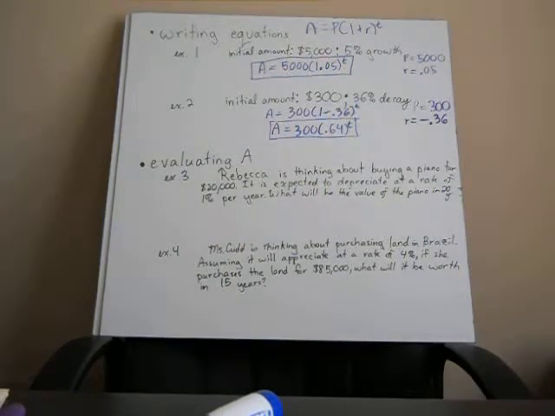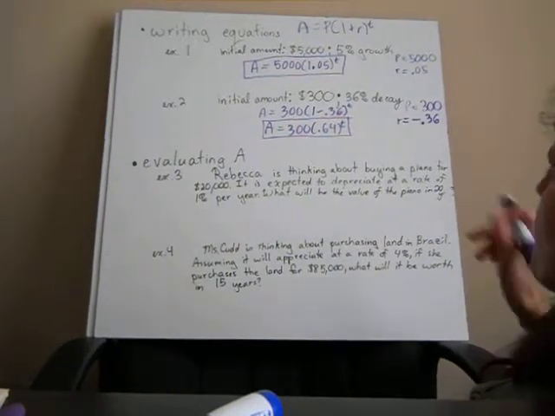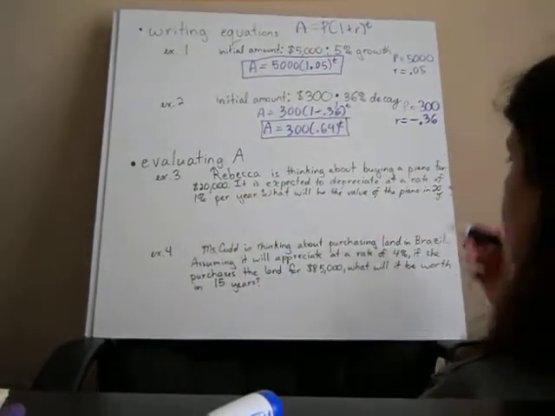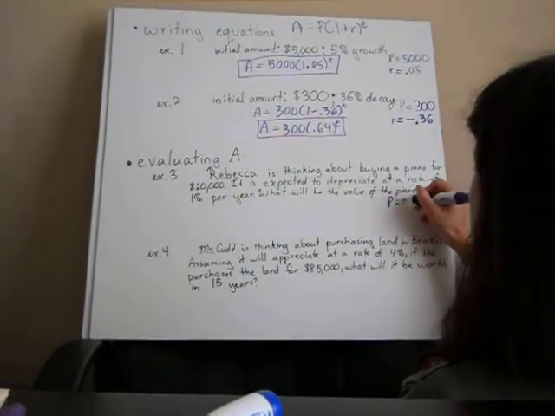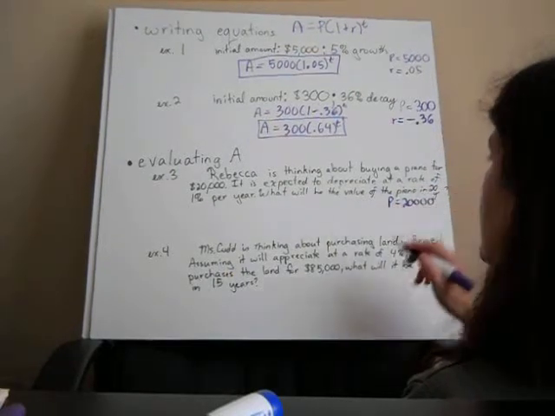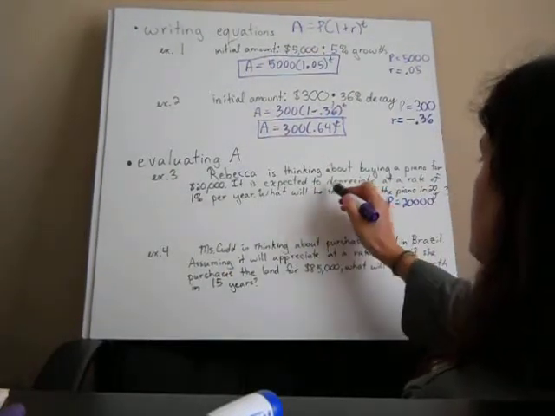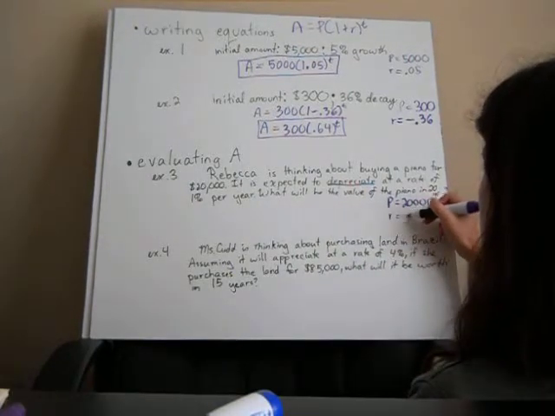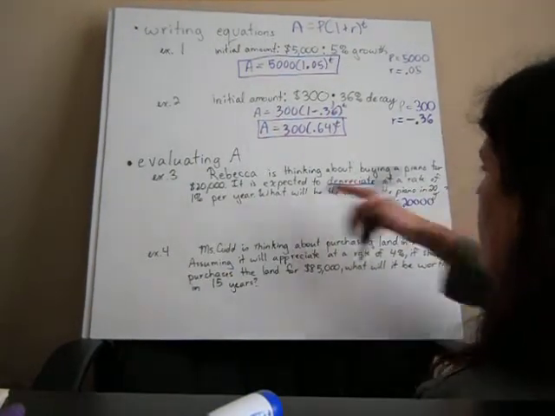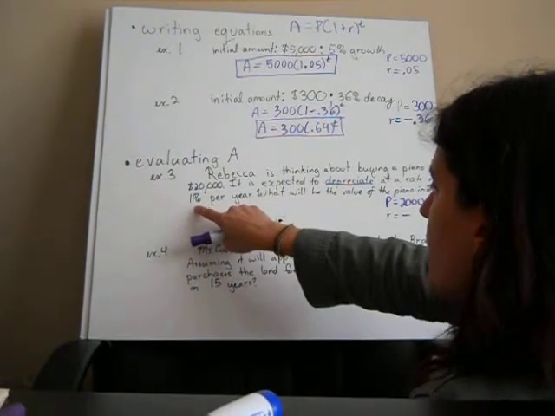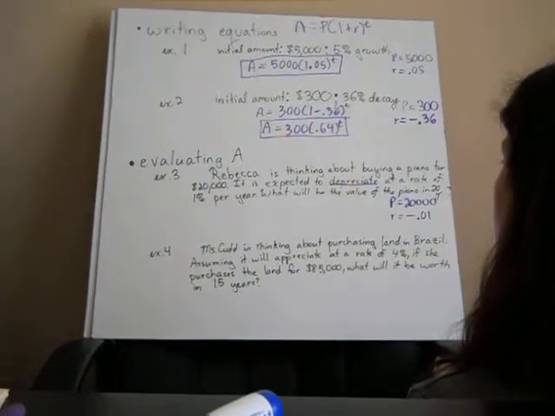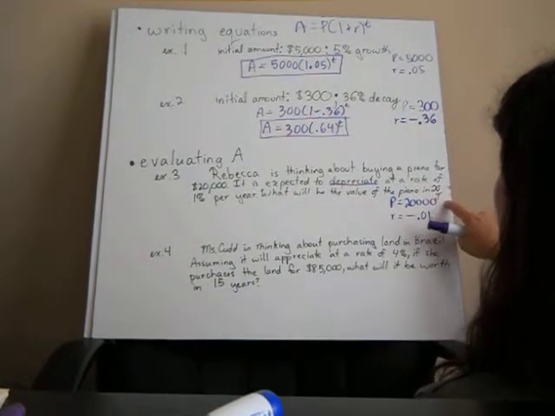So in example 3, Rebecca is thinking about buying a piano for $20,000. So $20,000 will be your P. It is expected to depreciate. Depreciate means decay, so that means we're going to have a negative rate, and it's 1%. So you divide 1% by 100, and you're going to end up with 0.01. And then what will be the value of the piano in 20 years?